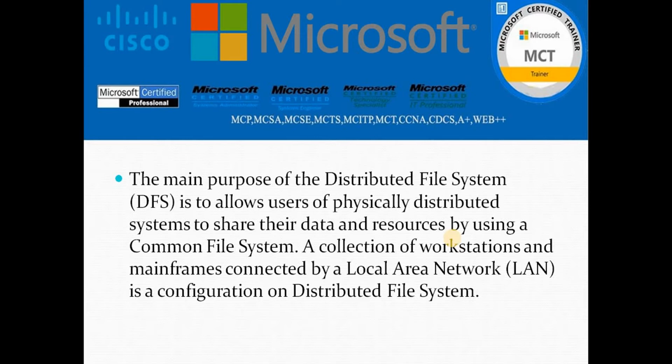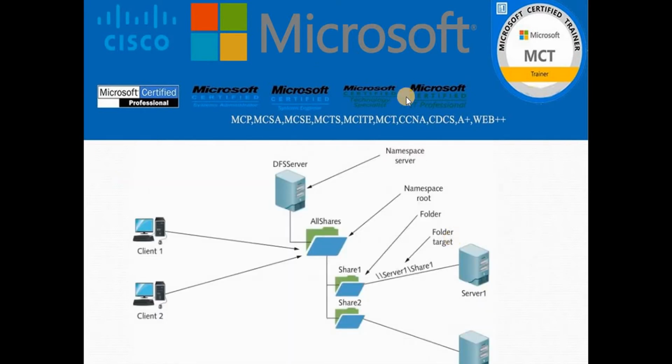That means with the help of distributed file system in your local area network, no matter how many computers are sharing resources, all of those shared resources can be accessed via one centralized server. If you see in this image, this is your DFS server, distributed file system server.